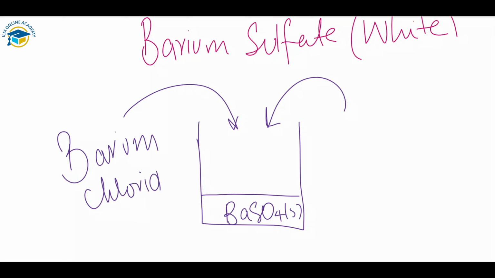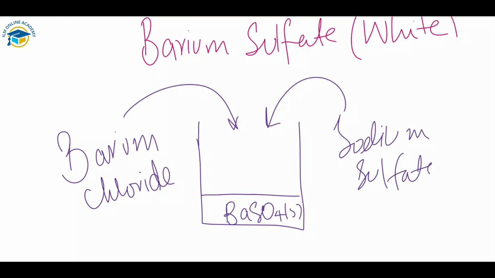When barium chloride solution is added and sodium sulfate solution is added, what will happen? First of all, you have to make a solution of both the salts, the sodium sulfate and the barium chloride, and then these two solutions are mixed together. Both of these are soluble salts. So you have to make a solution separately before reacting them with each other, because salts will not react with each other in the solid form.